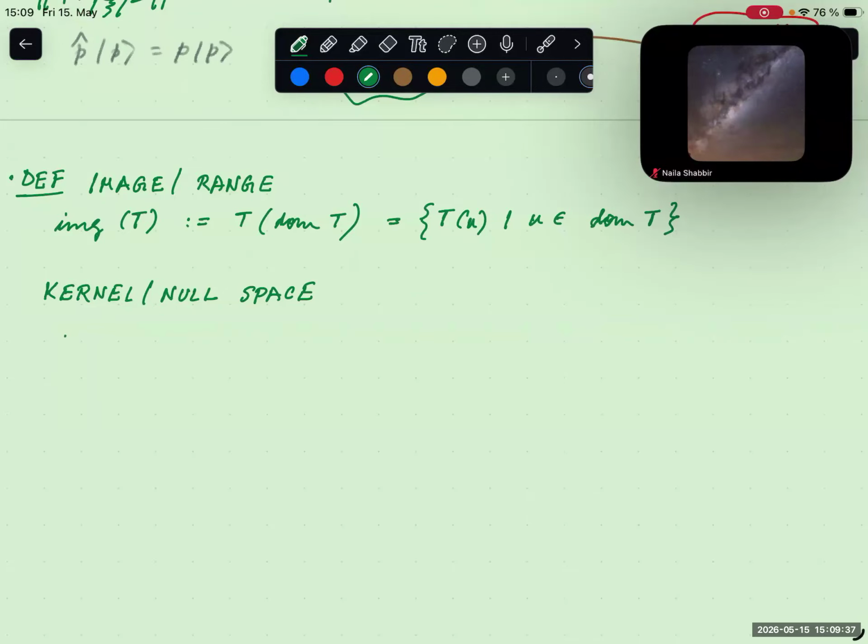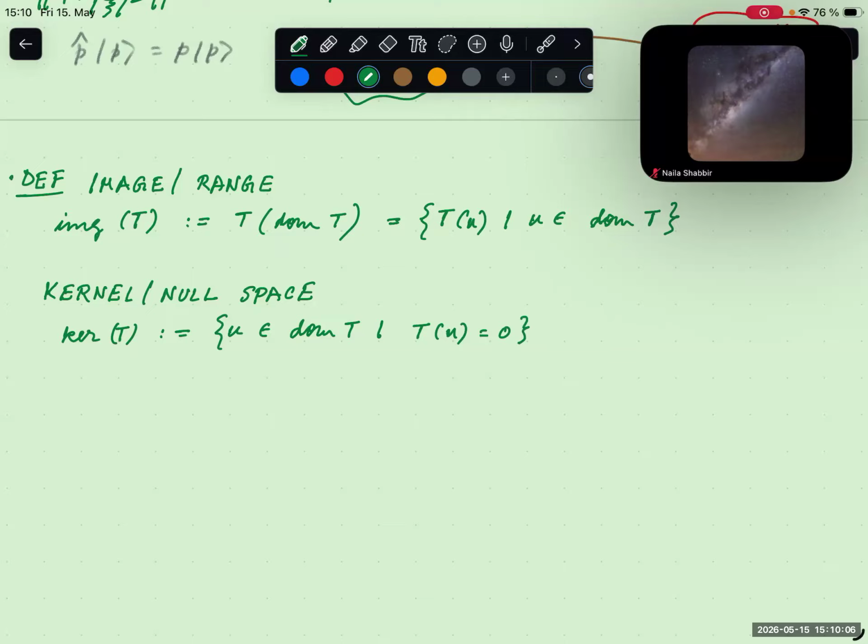I shall denote it by ker of T. So this is the elements in the domain for which the operator gives 0. So U in domain of T such that T of U equals 0.